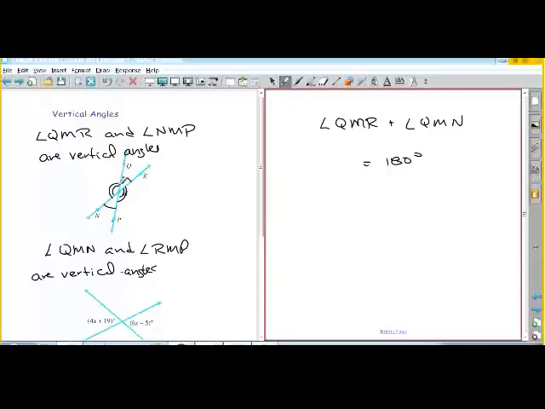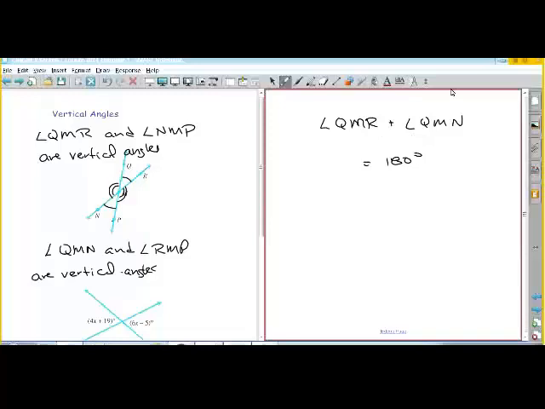So vertical angles are equal to each other. These adjacent angles, this angle and this angle, add up to 180 degrees. Because if I go to here and then I go all the way around there, I'm going halfway around. So I have a straight line, or it's not really a straight line, it's a straight angle. The angle for a straight angle is 180 degrees.